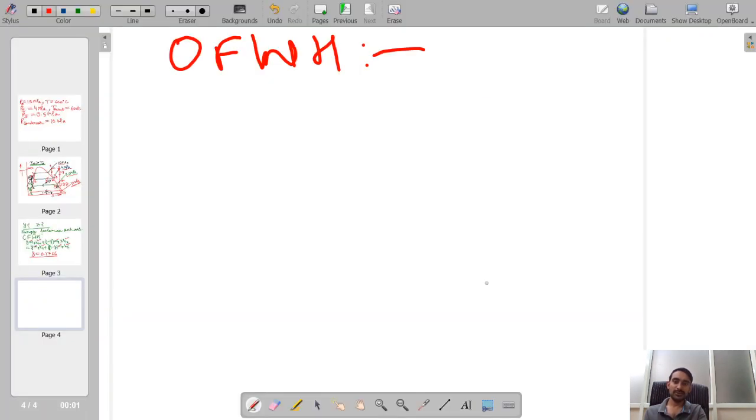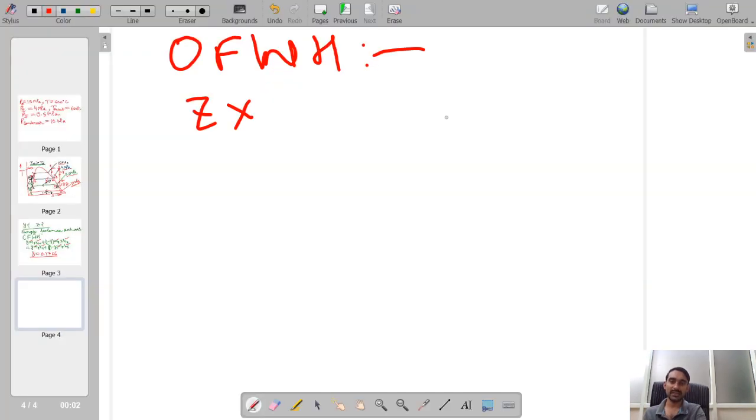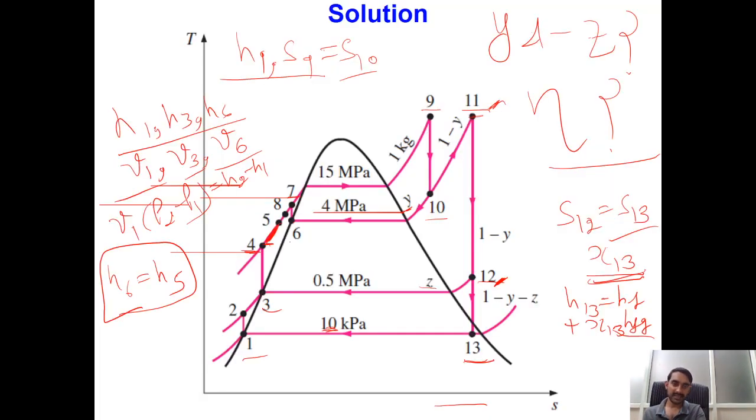So we have Z into, and this Z is once again the total fraction with reference to mass at point 9 only. So I can simply write Z into M9, and this has come at point number 12.